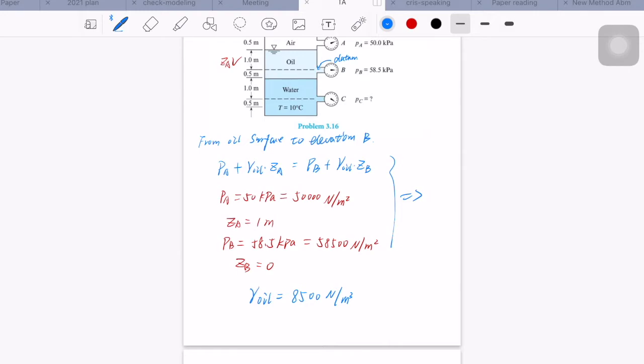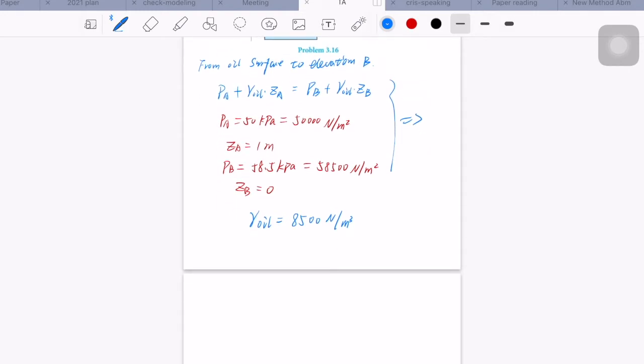And now we still can determine the specific gravity of the oil. So the specific gravity of the oil should be equal to the gamma oil over the gamma water at the 4 degrees Celsius. And we know the gamma oil equals 8,500 Newton per cubic meter.